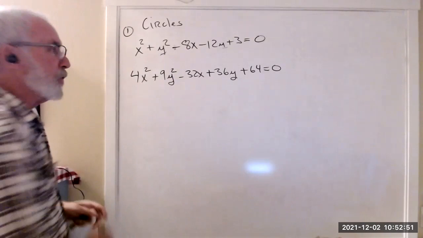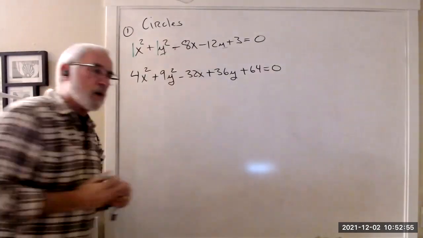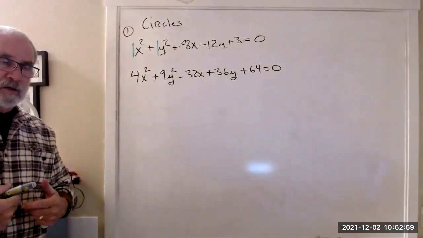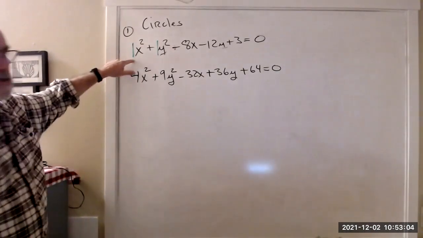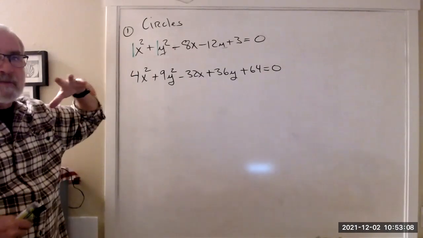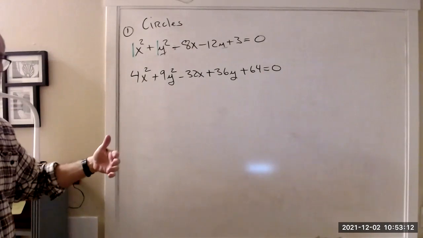And the coefficients of x squared plus y squared are the same. In this case, they're 1. So that tells everybody, that's a circle. Now, where it's been moved to, nobody knows until we actually do the completing the square bit.